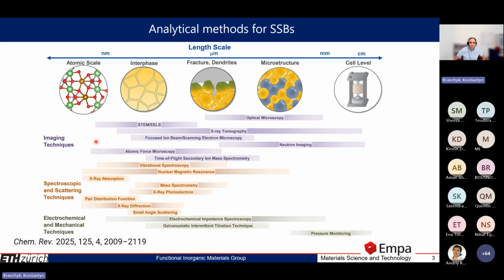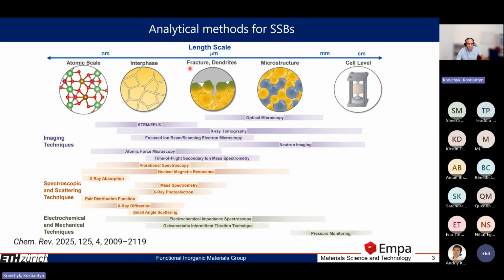It was published last year, and this figure, I think Figure 1, gives you a summary of methods which can be used to characterize solid-state batteries in general, starting from the atomic scale, going to interfaces, then surfaces, and then microstructure and the cell level.